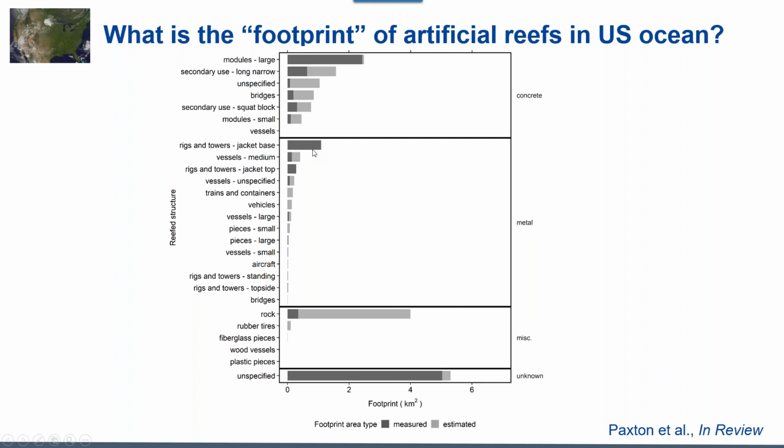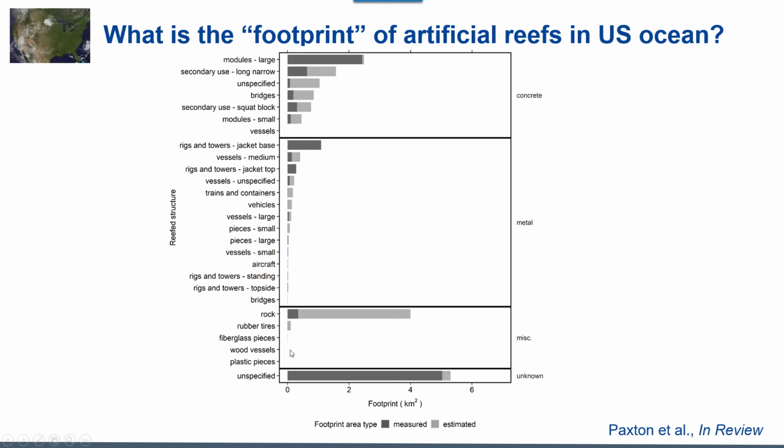If we skip down to metal, we have multiple components like jacket bases of rigs and towers that were formerly part of oil and gas infrastructure and have now been taken in by artificial reef programs and managed through the reef programs themselves. They make up the largest portion of the footprint for metal, followed by vessels of a medium size. For our other materials, we have rock coming out as just about 4 square kilometers.